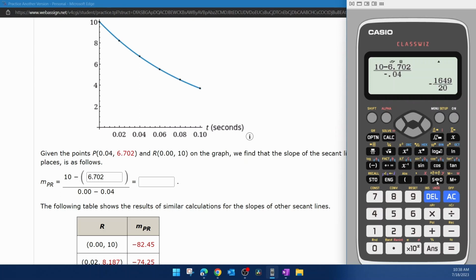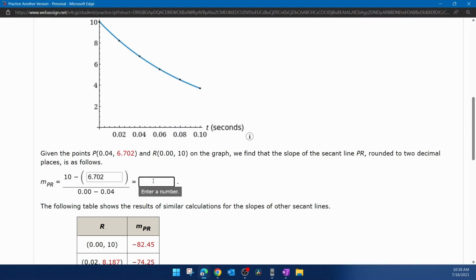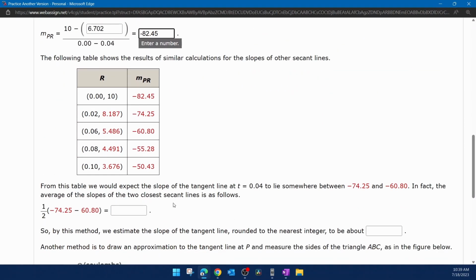And that as a decimal is negative 82.45. Entering that value into WebAssign, negative 82.45. And then if we scroll down, the following table shows the results of similar calculations for the slopes of other secant lines.